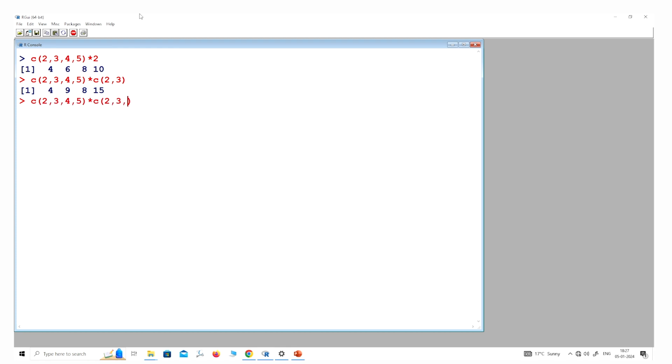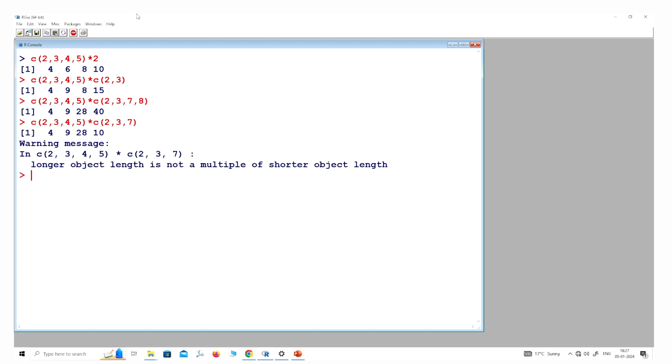And in case you take the same number of elements in both the data vectors, once again they will be multiplied by the respective elements. And if you reduce the length, which is not an exact multiple, then you will get the error. And you can see that I can do the same operations with division also.